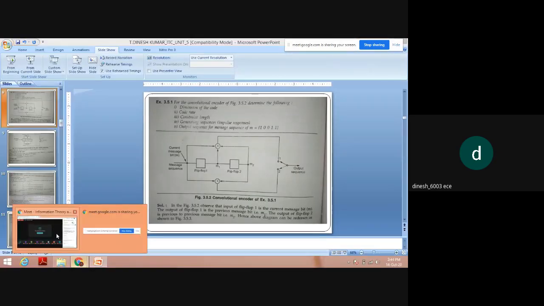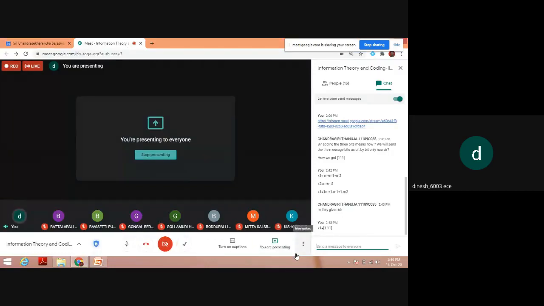So till now we are having m as only 1 bit. We will be finding what happens when m is equal to 1, 0, 0, 1, 1. What is the output? That we need to see in section 5.